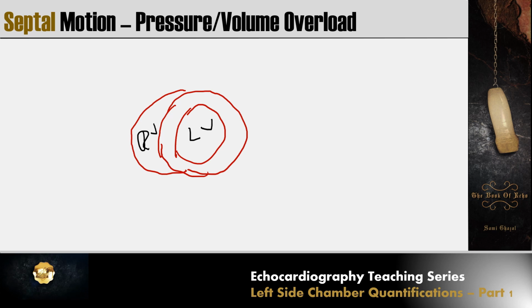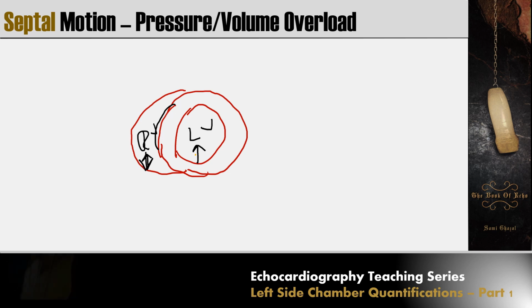The motion of the septum is dependent on the pressure difference on the two sides of the septum. So if the pressure in the LV is higher than the pressure in the RV, you will have it bulging toward the RV.